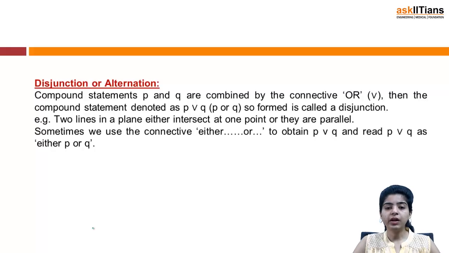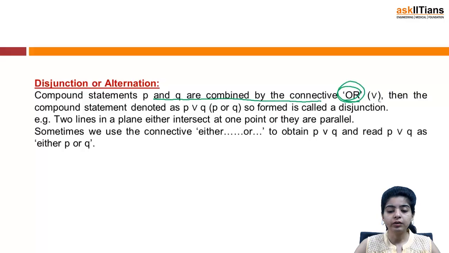Okay, so now that we have discussed conjunction, now we will be discussing disjunction, also known as alternation. Compound statements P and Q are combined by the connective OR. Like we had AND and its symbol was this, now we have OR and its symbol is this.